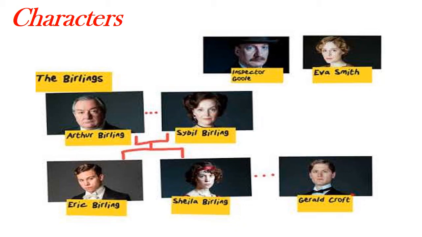What's the minor character then? Yes, Edna, the Birlings' maid. Is that clear? That's how we can divide the characters of this play, An Inspector Calls. Got it? Okay, good.